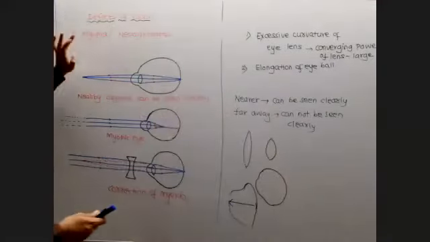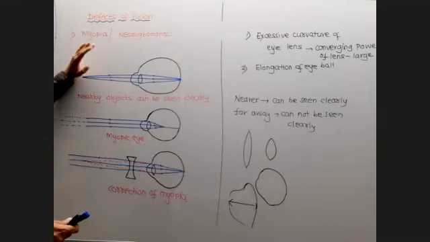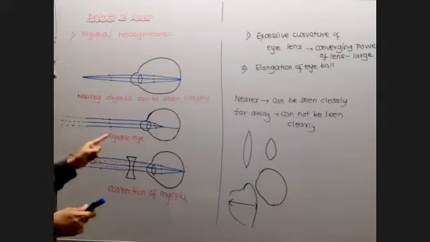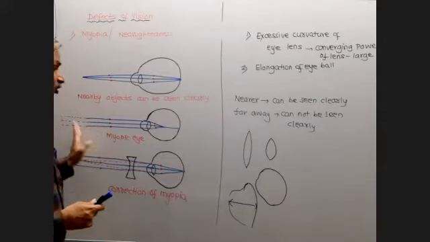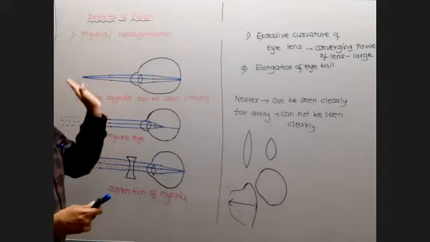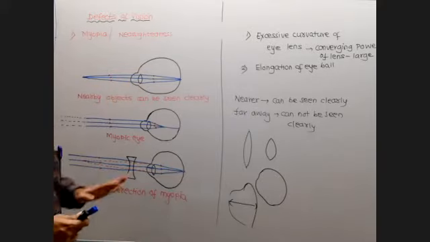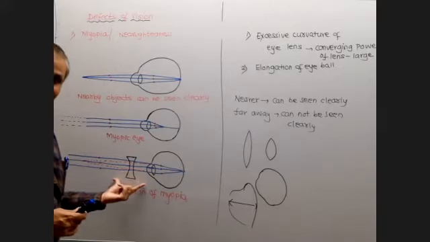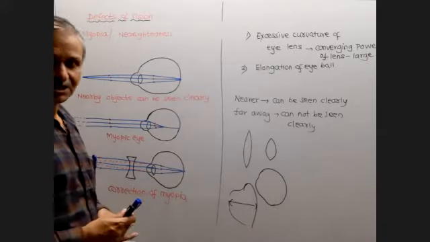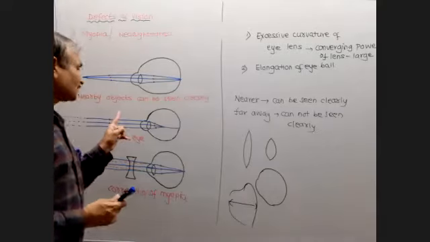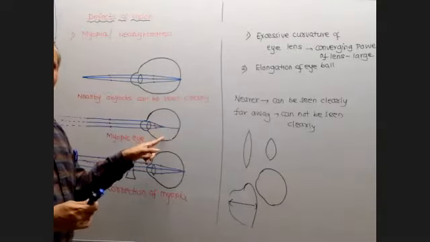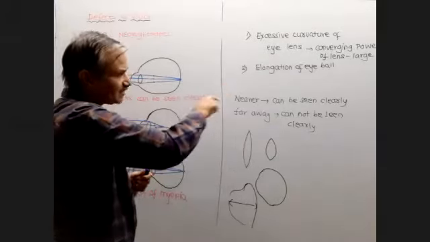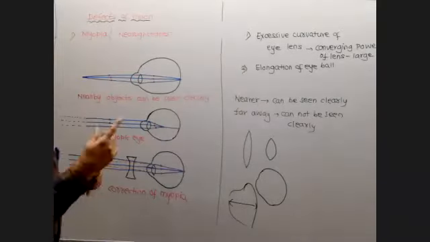Here we are able to see nearby objects clearly; here we are able to see far away objects clearly. Here the objects which are far away cannot be seen clearly; here the objects which are nearby cannot be seen clearly. Here a concave lens is used to correct this; there a convex lens. Here the image is formed before the retina; there the image will form after the retina. If you make the opposite of all the points, you will get hypermetropia.